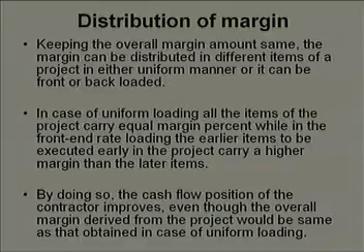Suppose earthwork, which is to be done right at the beginning, he may quote at a margin of 20%. That means, whatever his cost is, he will add 20% on it. Say, for example, if 100 rupees is his cost for doing 1 cubic meter of excavation, he will add 20%, that means he will quote a price of 120 rupees.